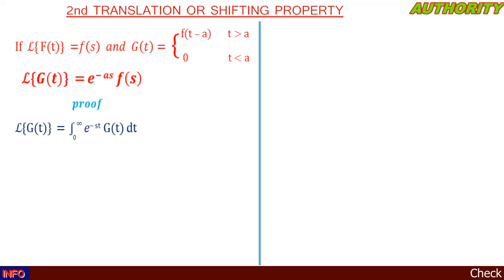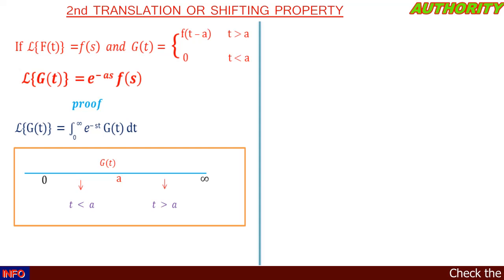Good. Now look at this. The integral from 0 to where? To infinity. Now look at this number line. We have the number line. T is from 0 to where? To infinity. But they are trying to tell us that t can have a value. Okay?